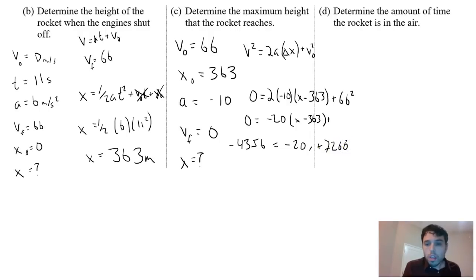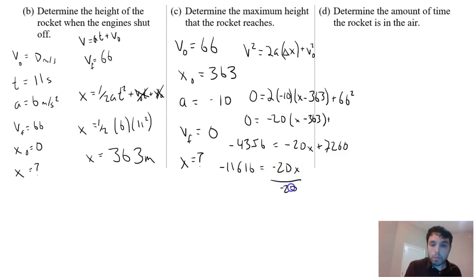Now I'm going to subtract this over here, so it's -4356 minus 7260, which is -11,616, equals -20x.